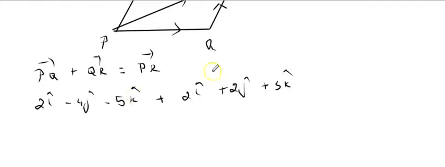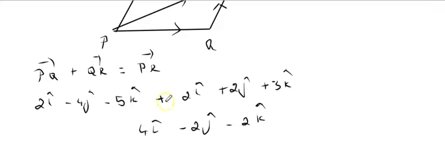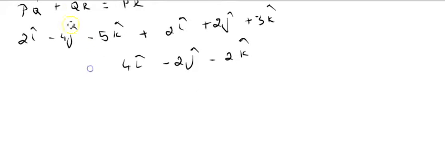When I add, I get 4i vector, minus 4j plus 2j will give you minus 2j, minus 5k plus 3k will give you minus 2k. You are asked to find the unit vector parallel to its diagonals. So this is now going to be the PR vector.